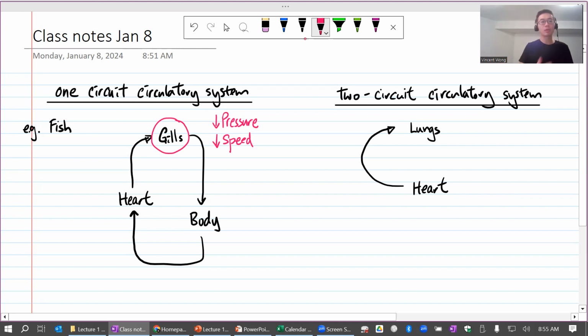It doesn't pass through the fish body quickly, but that's okay because of the size of the fish and the fact that they are not warm-blooded, they're cold-blooded, they're not going to be affected by it. Even though it's slow and even though the pressure is low, it's adequate for the need of their body. Okay, is that the part that you missed?